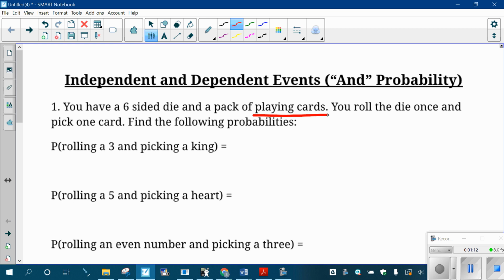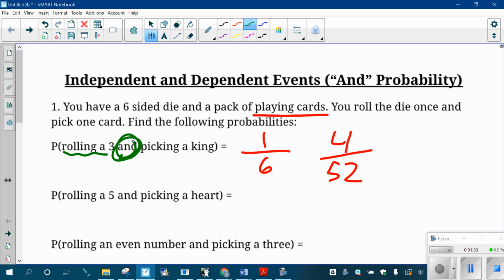Well, I know the probability of rolling a 3, it's just 1 out of 6, because there's 6 possibilities and 1 of them is a 3. And the probability of picking a king, if you look at all the different cards, there's 4 kings, there's a total of 52 cards. How do you bring those two probabilities together if you want to know the probability of rolling a 3 and picking a king?